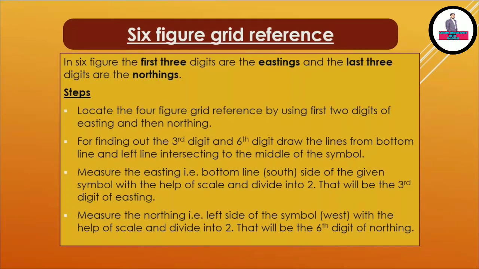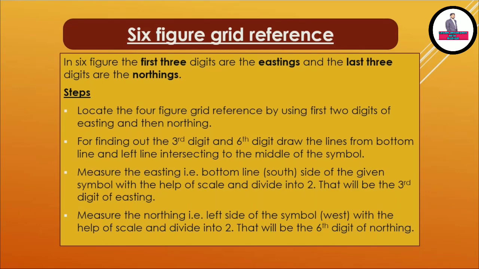6-figure grid reference. These are a few steps that you need to understand. In 6-figure, the first 3 digits are eastings and the last 3 digits are the northings. So there are some steps. I have already explained the steps in the class.